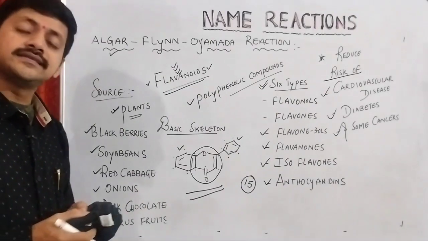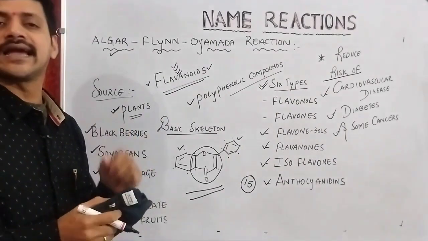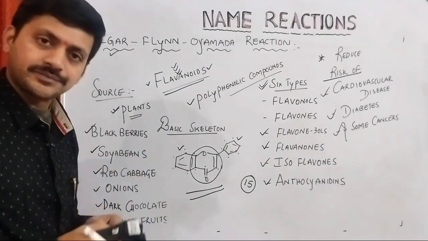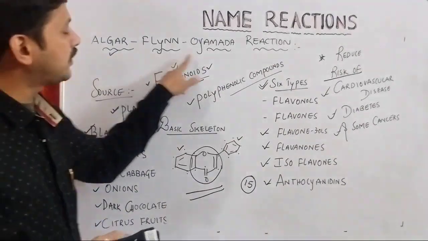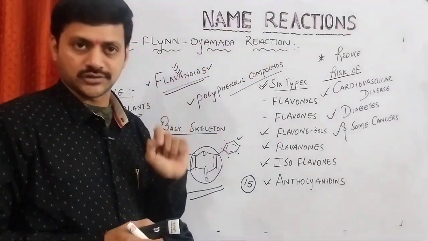That's why there is a need to synthesize these kinds of flavonoids. For that purpose, we have a reaction called the Algar-Flynn-Oyamada reaction.